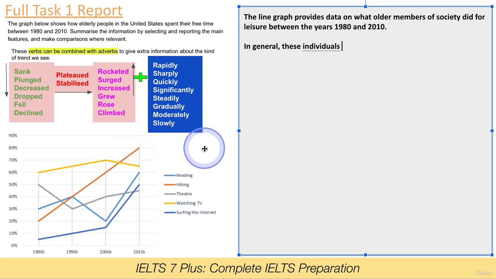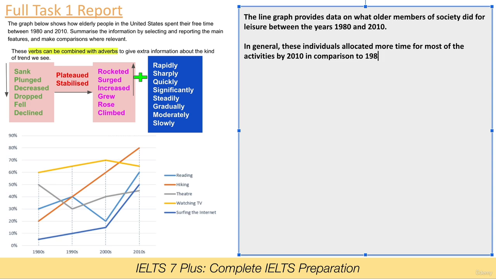So we want to say these individuals allocated more time for most of the activities by 2010 in comparison to the start of 1980. In general, these individuals allocated more time for most of the activities by 2010 in comparison to 1980.